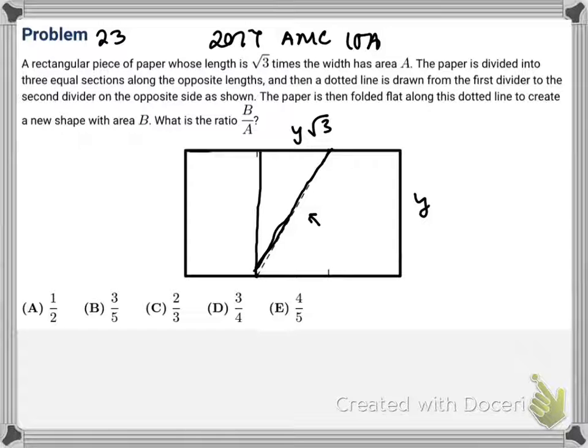But I also want to do something with my side lengths before I get started. If this is y root 3, this whole thing, then each of these sections is going to be y root 3 divided by 3, and I don't want to have to deal with these fractions. So instead, I'm going to say y equals 3x.